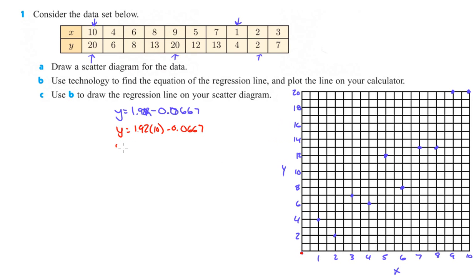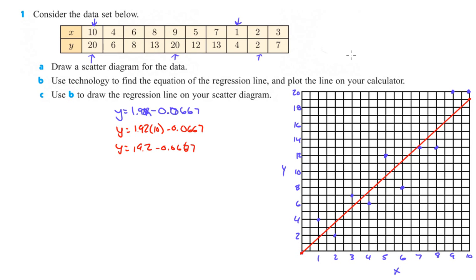Right, so that is Y equals 19.2 minus 0.0667. So that's basically 19.1 or so if we subtract that out. So at 10, we're up at about 19. Okay, so there's about 19.1. Now we have two points there, and now we can simply connect our two dots.